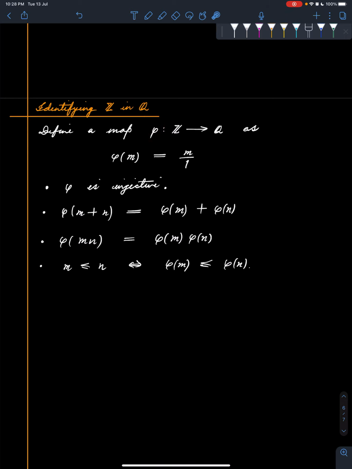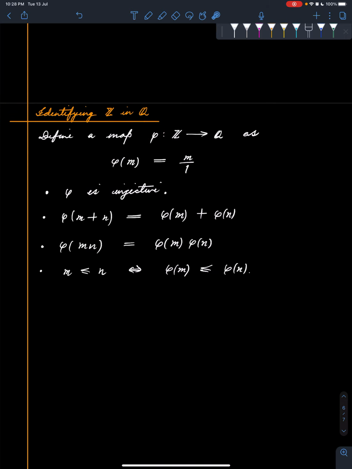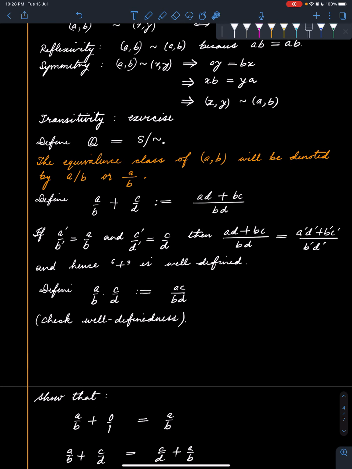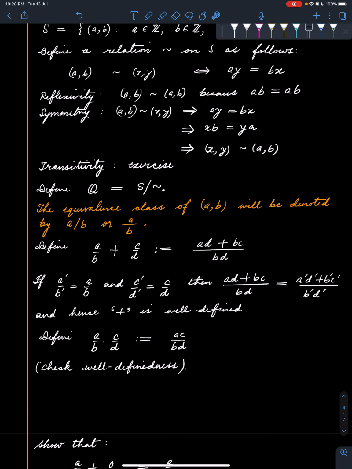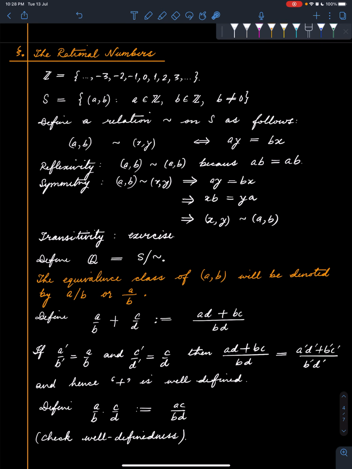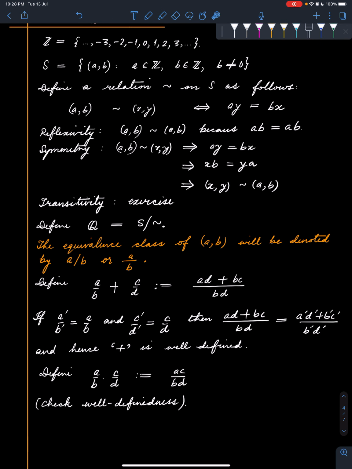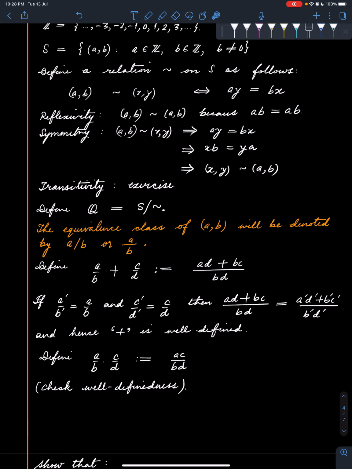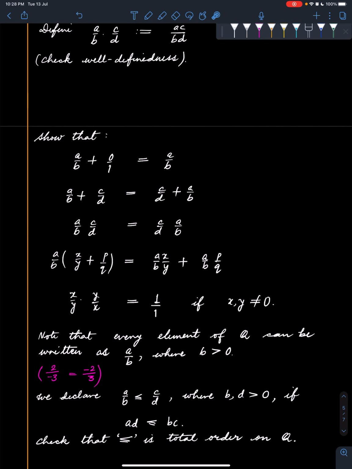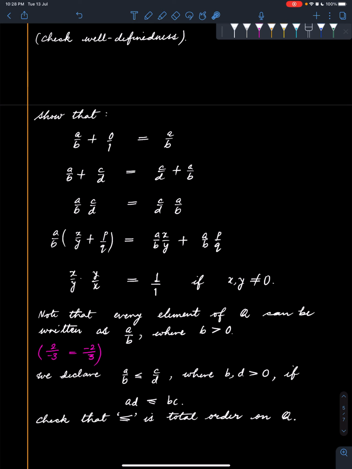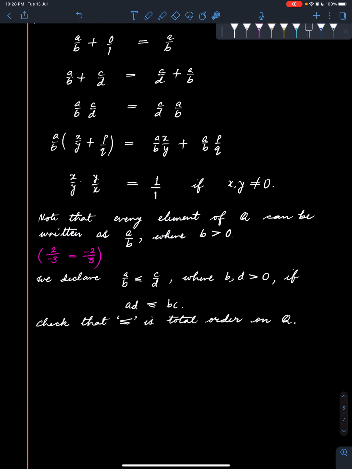In fact, this is the last time we are mentioning it. So the whole point of this exercise is that rational numbers can be built out of integers in a synthetic way. We'll not use this construction again, but it is important to at least see it once in one's life.